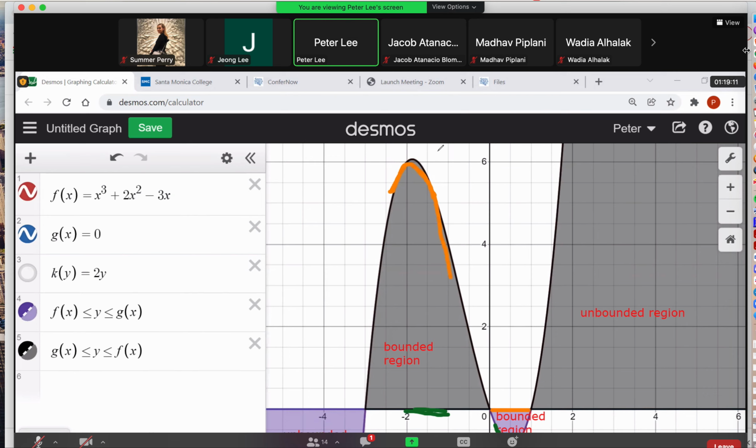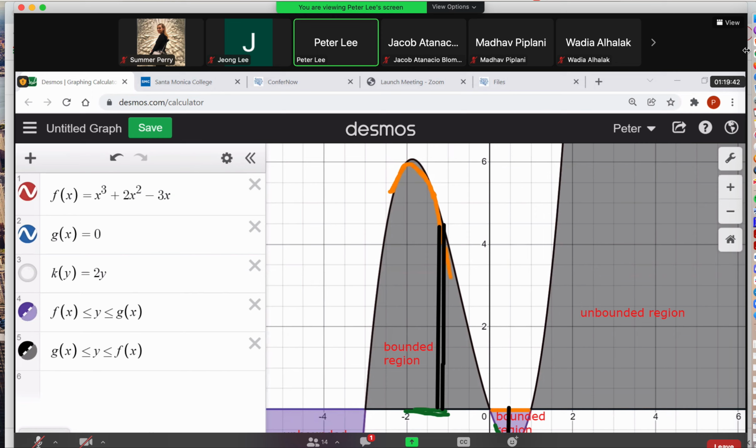How do I know which is the upper boundary and which is the lower boundary? If I draw a very thin rectangle like this, the top is on the orange curve, and the bottom is on the green curve.